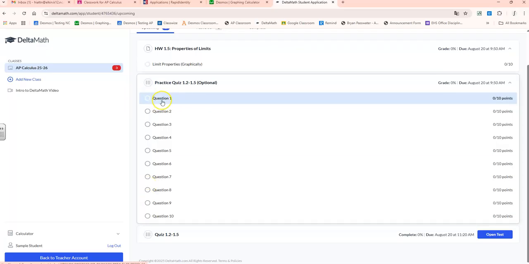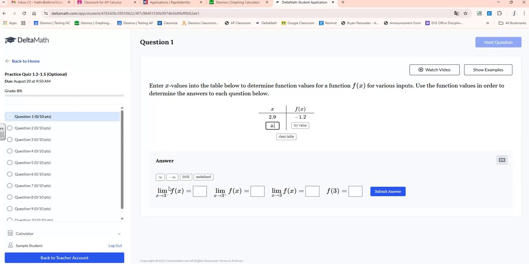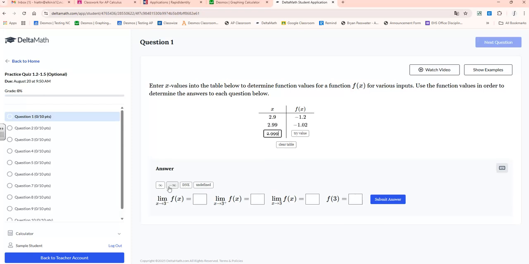But if you want to see what the quiz is going to look like, it has some of these. I don't think we did these on Delta Math, the numerical ones. It's asking you about the limit as x approaches 3 from the left. So numbers smaller than 3 would be like 2.9, 2.99, 2.999.